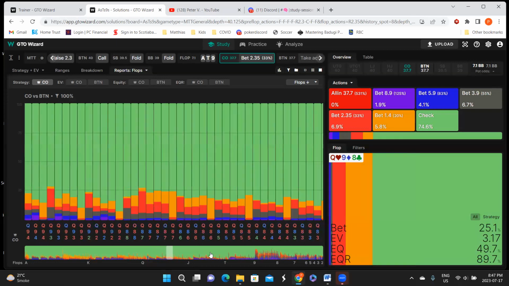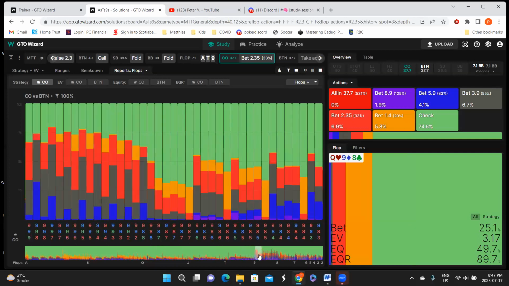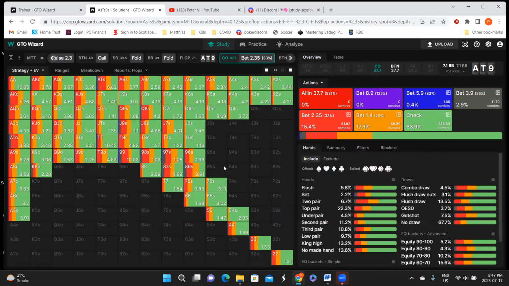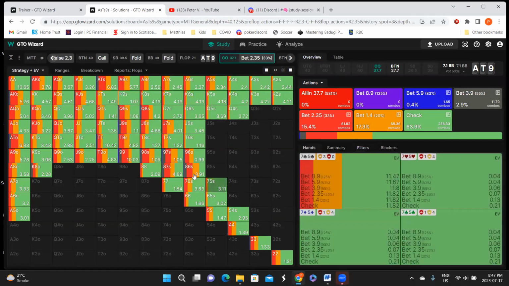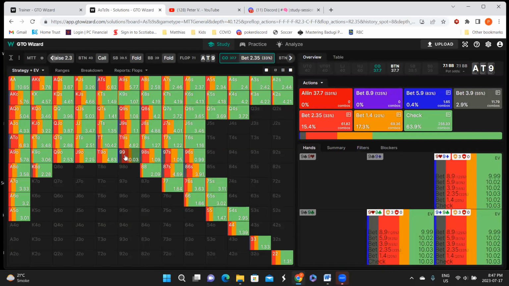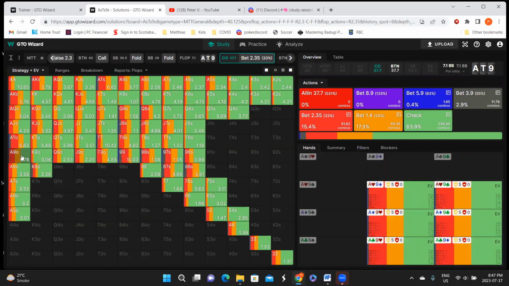So the 9 seems to be a range specific card. So let's go back and take a look at some strategy EV and see why the 9 is so important for the cutoff.